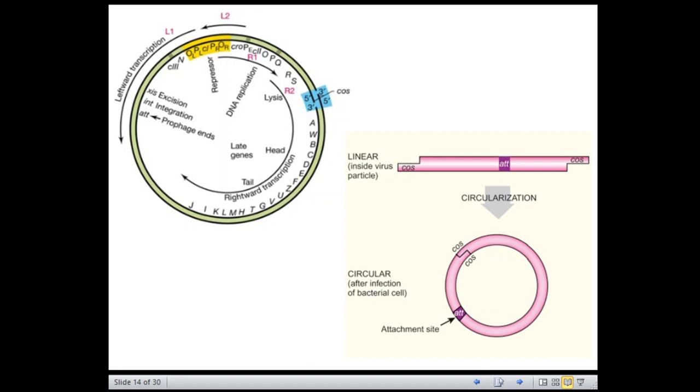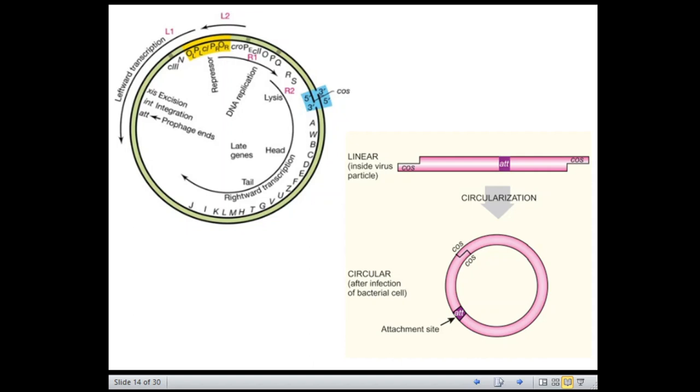So, the lambda phage has been used extensively in the production of gene libraries, for a simple reason: because of its efficient entry into the E. coli cell, and second, the fact that larger fragments of DNA may be stably integrated.